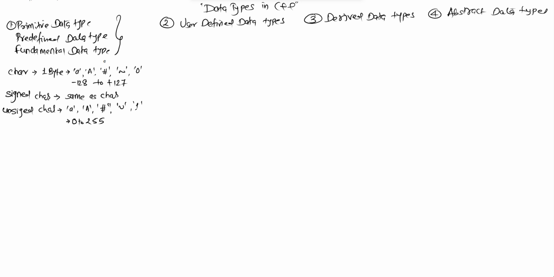You can see that it is storing only positive numbers. That's why we call it unsigned char.